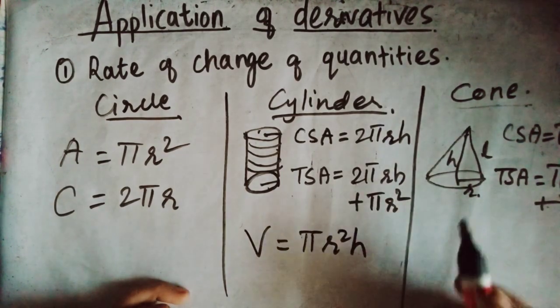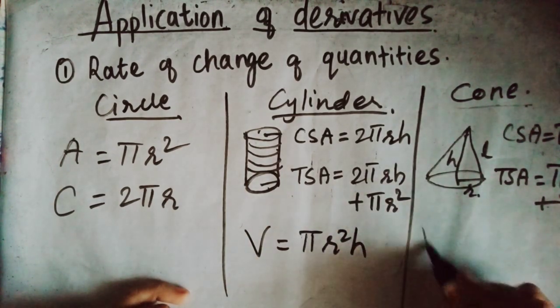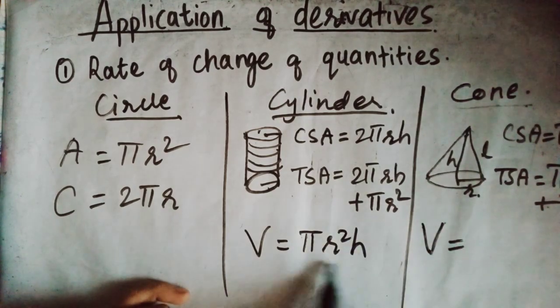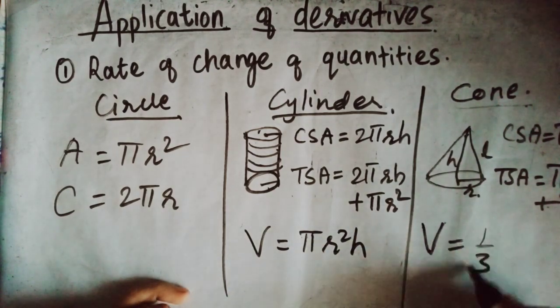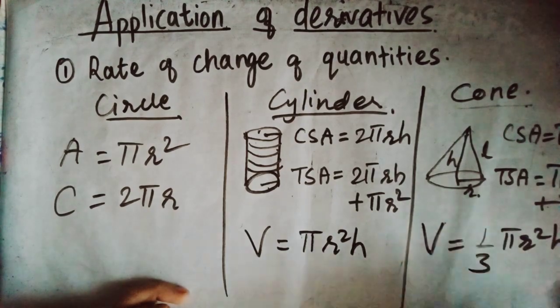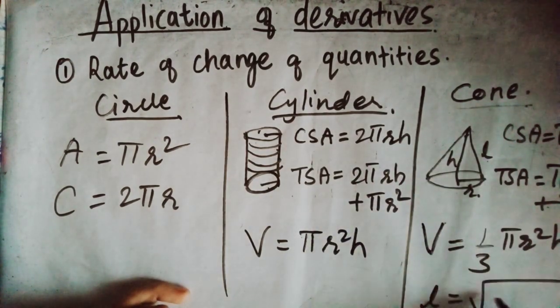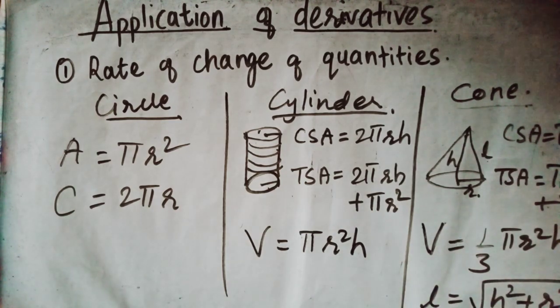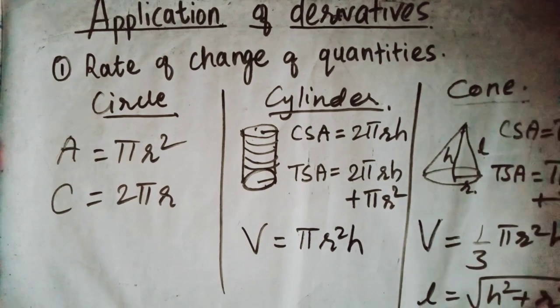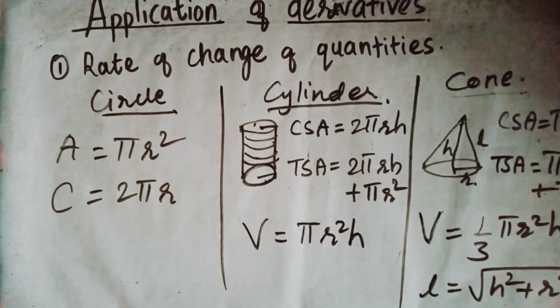And its volume is 1/3 of the volume of cylinder. How to find l? You have to use Pythagoras, so l is square root of h square plus r square. So we'll need this.